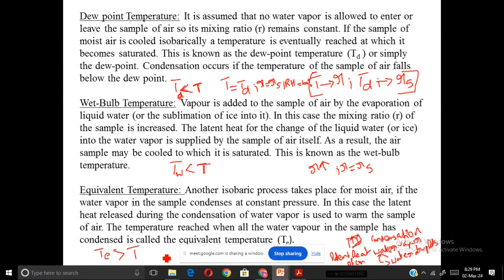Since the process is condensation, there will be a release of heat, which is the latent heat of condensation. This latent heat of condensation is used to warm the sample of air. So the temperature the parcel will reach when all the water vapor in the sample is condensed is called the equivalent temperature. Equivalent temperature will be greater than the actual temperature T, whereas wet bulb and dew point temperature will be less than the actual temperature T.